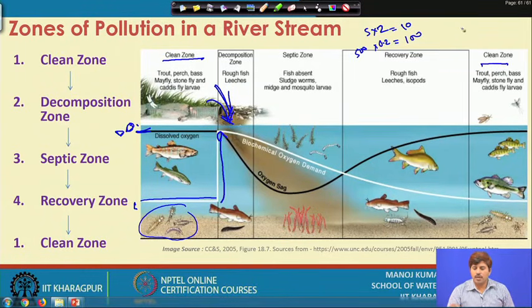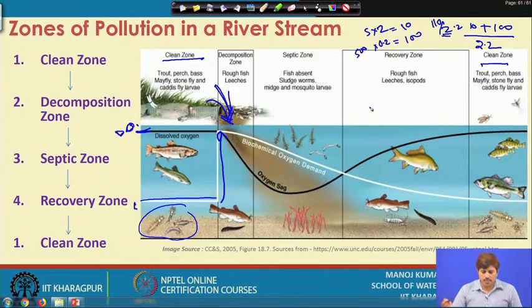As we discussed in the previous lecture, the total concentration is total mass 10 plus 100 divided by total flow 2.2, so 110 by 2.2, which is close to 45. So from 5 it has shot up here.